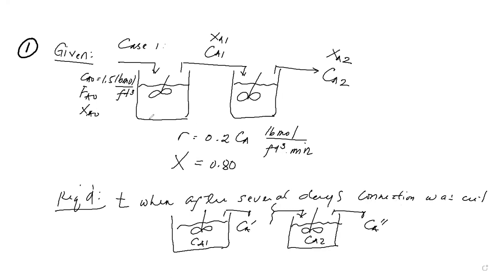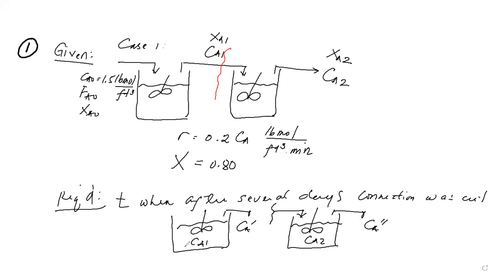Originally, this is your scenario. After several days of operation, I like to use a red line. This was cut. And of course, we expect that the thing inside the reactor was already partially converted, and that is Ca1.